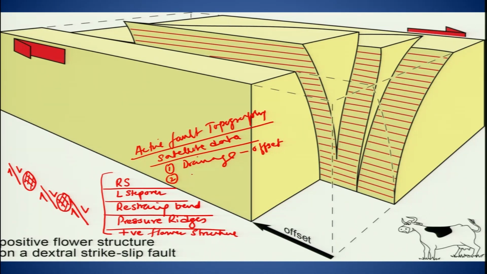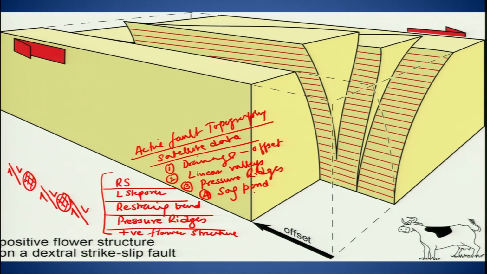Then a prominent one will be the formation of linear valleys. Third, you will see the formation of pressure ridges, and fourth, sag ponds, or you can say pull apart basins.